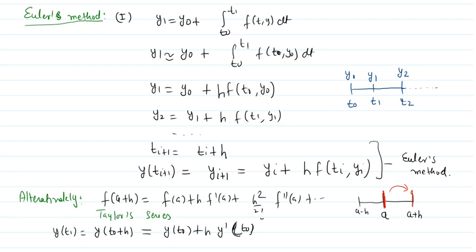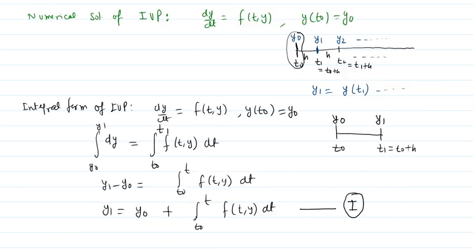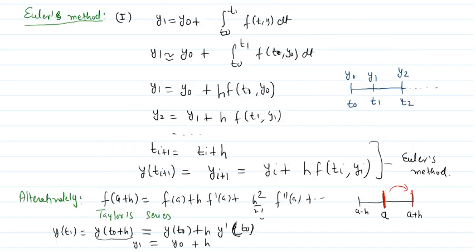Just stop here. This will be the approximate value, and I denote it by y1. y(t0) is y0 plus h, and this derivative from the equation dy/dt equal to f, so f at the initial point (t0, y0), and you get the same equation, that is Euler's method.